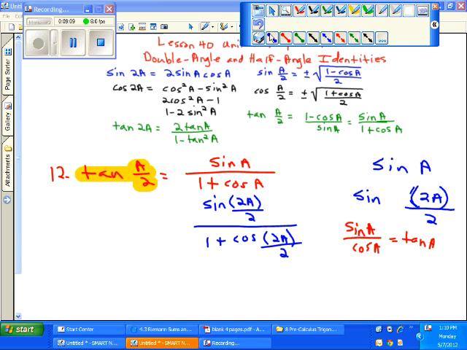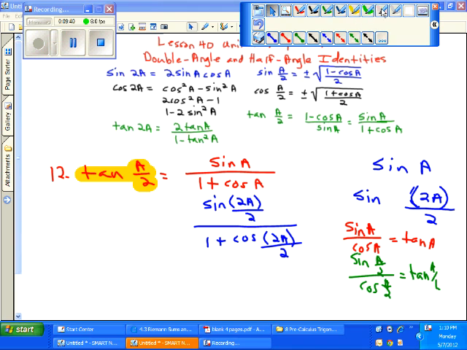Now, if that's true, then we know that sine of A over 2 over cosine of A over 2 would be equal to the tangent of A over 2, right? So we're kind of close to that because we got some sine of something over 2 and some cosine of something over 2, and we're trying to make our way to tangent something over 2. We just got to figure out how to make our way from one end to the other.